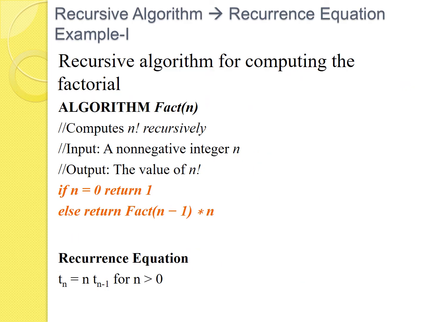Let us see a few examples of recurrence equations representing the recursive algorithm. The recurrence equation of the recursive factorial algorithm is t_n equals n multiplied by t_(n-1) for n greater than 0.